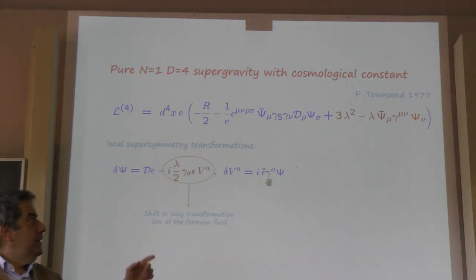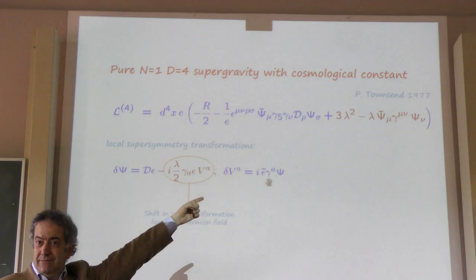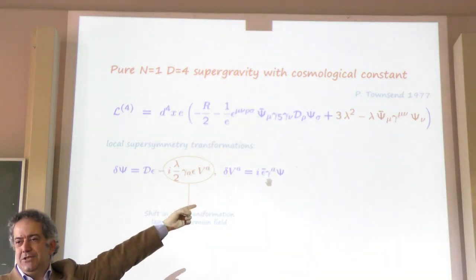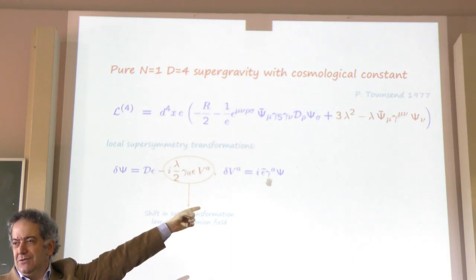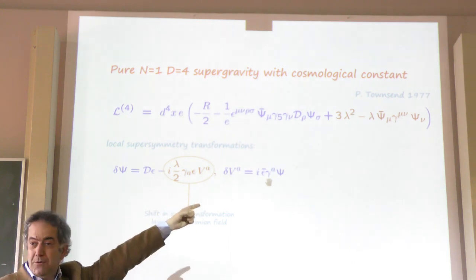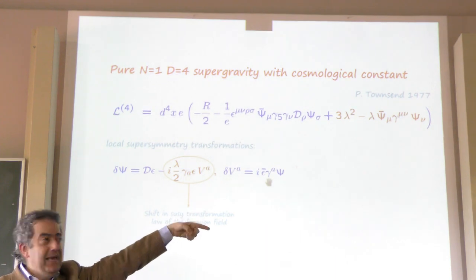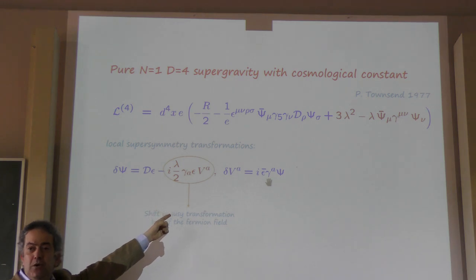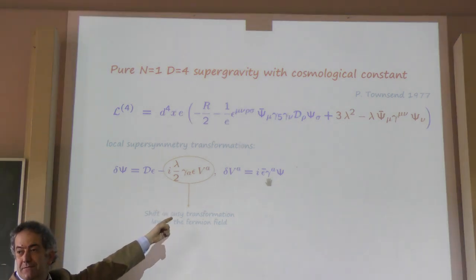First of all, in order to add a scalar potential, here there are no scalars, so the scalar potential is theta, it's a cosmological constant. So in order to add a cosmological constant, you need to add a Fermi mass term and an additional term in the supersymmetry transformation of the fermion fields, which we will call fermion shifts.